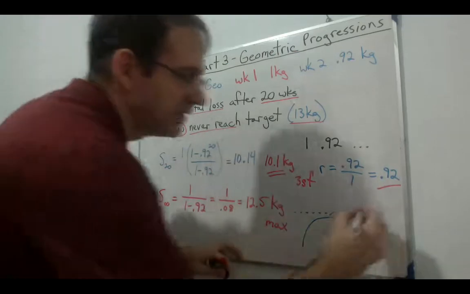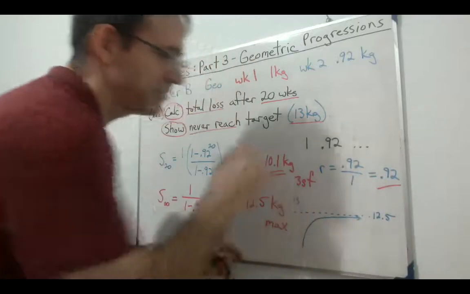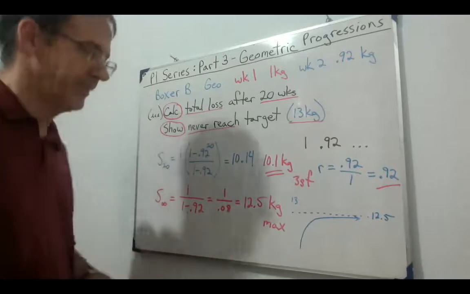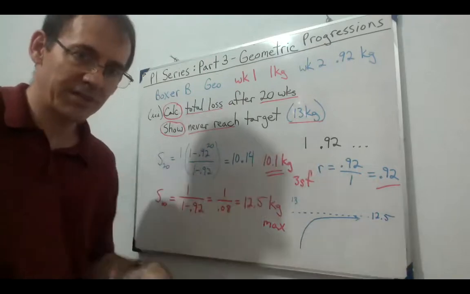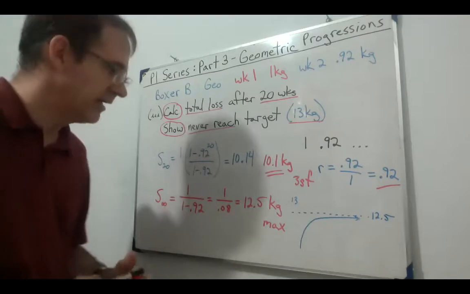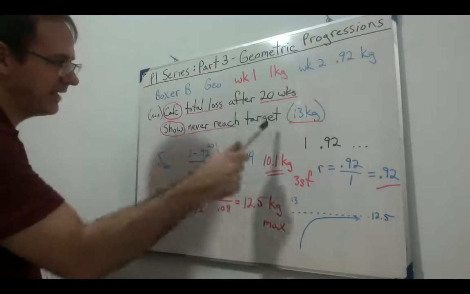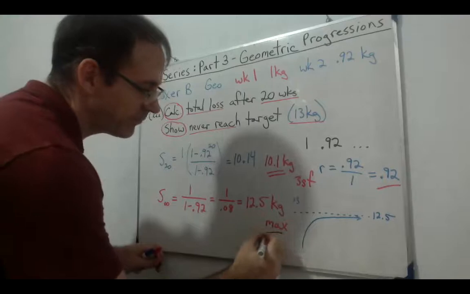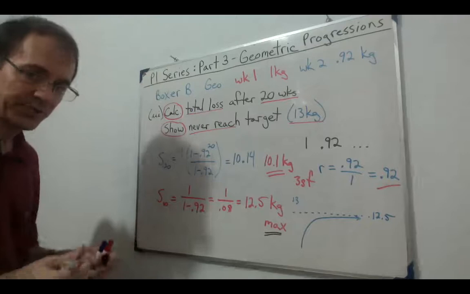And the limit for this is 12.5, and he wants to reach 13, which is even higher than that, half a kilogram higher. But he'll never reach his target no matter how long he's on this particular weight loss plan. So maybe he needs to change his plan. But here you can see, again, you got to understand the English, not reaching the target or finding a maximum value is associated with our sum to infinity.